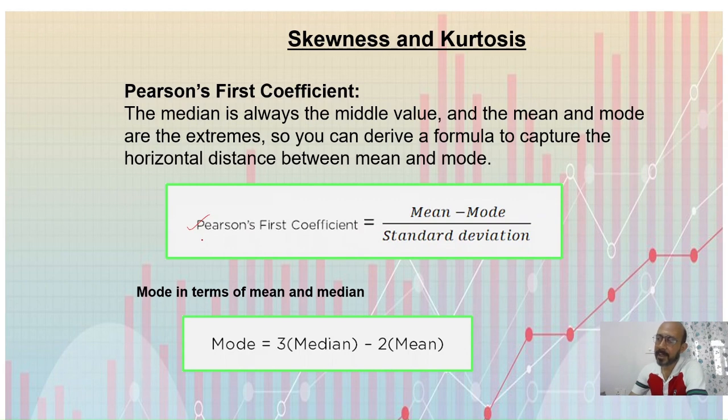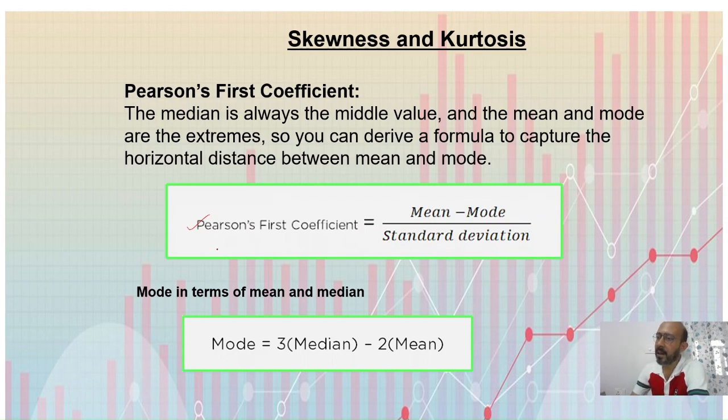Division by the standard deviation will help you scale down the difference between mode and mean. This will scale down their values to a range of -1 to 1.